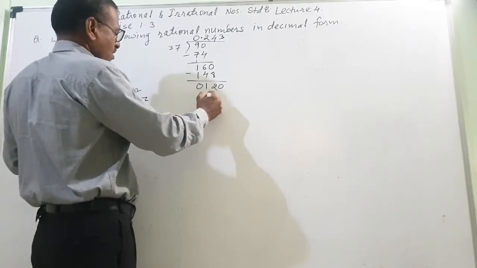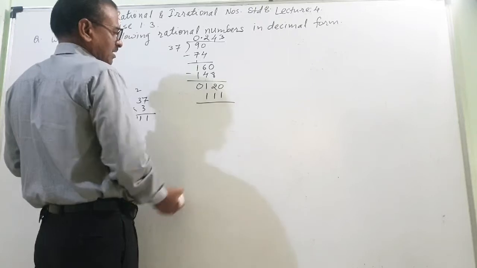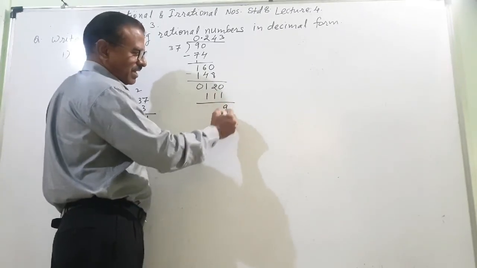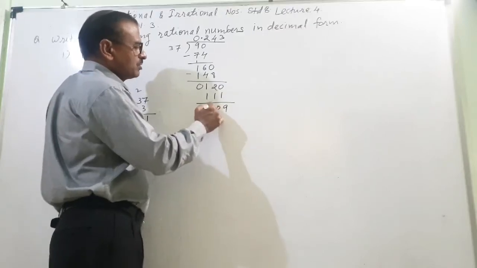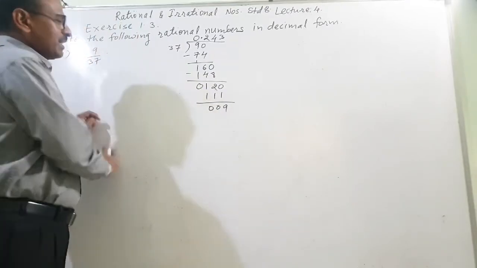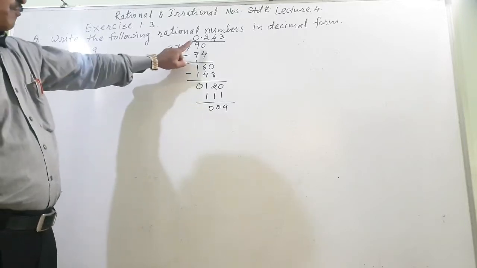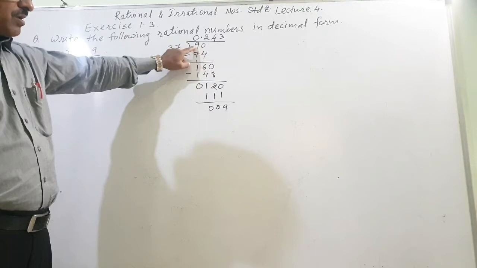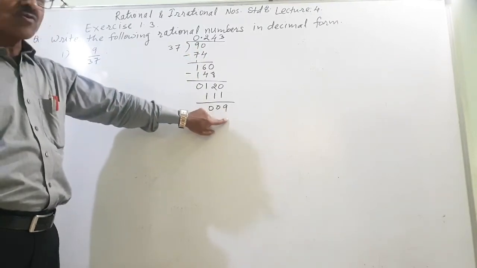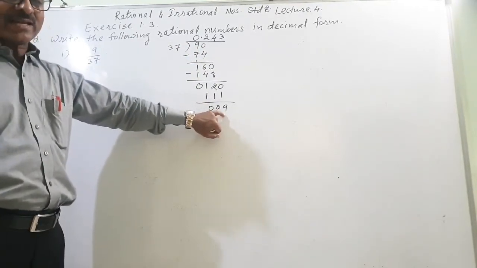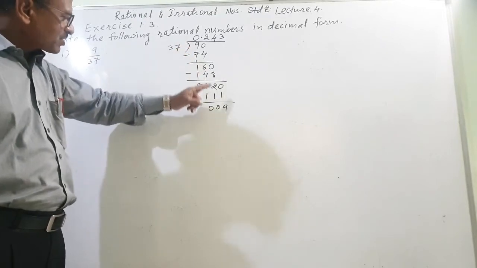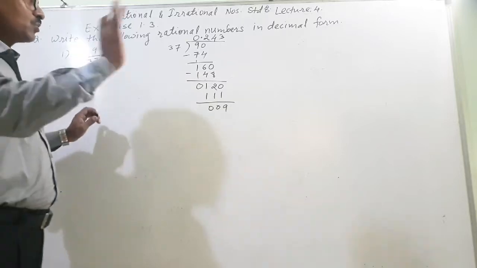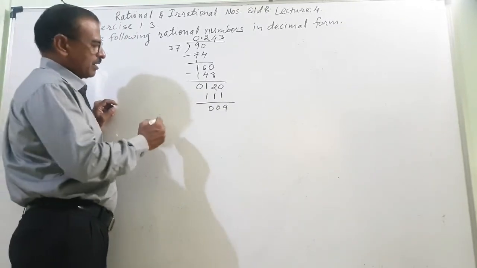How much is it? 111. 120 minus 111 is 9. See that from where we started, from 9 we started, here also on 9 we have ended. So if the same number starts, then afterwards all this is going to come again. So no need to go ahead.